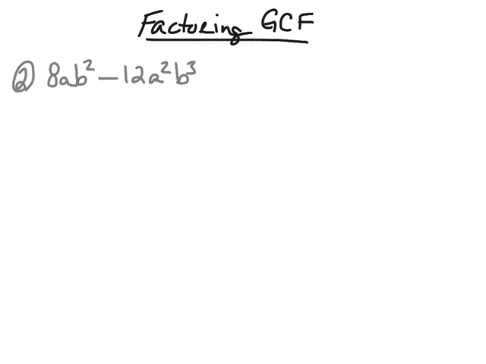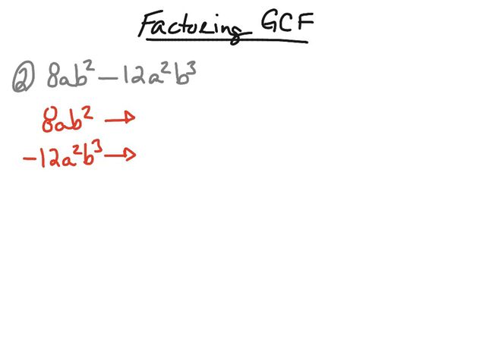Alright, example number 2, we've got 8ab squared minus 12a squared b cubed. And what we want to do is find the factors of this polynomial. So again, we're going to take each of the terms, the 8ab squared, and we'll also be taking that negative 12a squared b to the third and expanding each one of those.